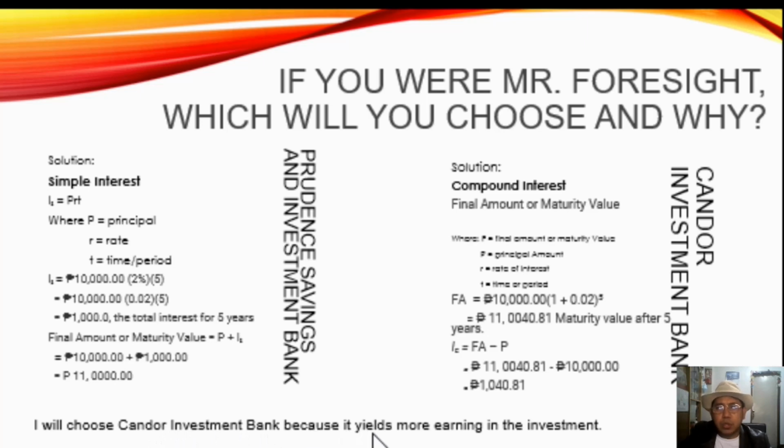Why? Because it yields more earning in the investment. It gives you more earning. Whereas in the Prudence, it is lesser in the interest. Okay, it is lesser in the interest. So that is the comparison of two computations using simple interest and compound interest.